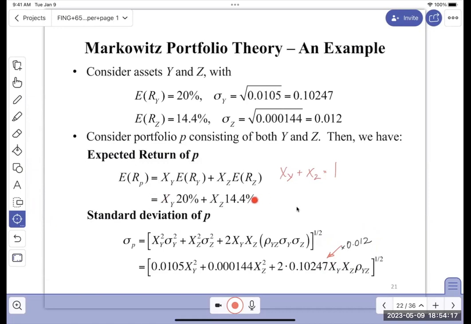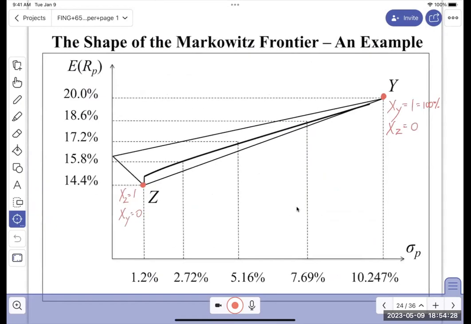So this formula is the return, and this formula here is the standard deviation, and for different combinations of C and Y, it generates this map here, this graph, this chart. Well, it's a graph, I guess.